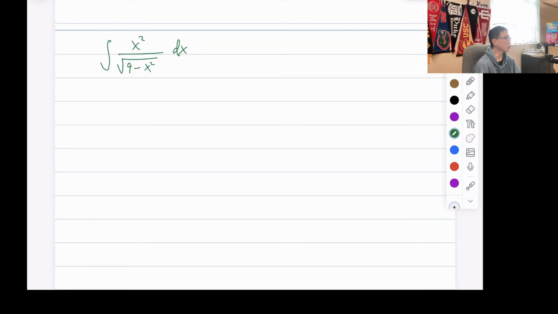Okay. If you get to a point that you had to do power reducing, you're on the right track. So that means you're on the wrong track if you don't get to power reducing.